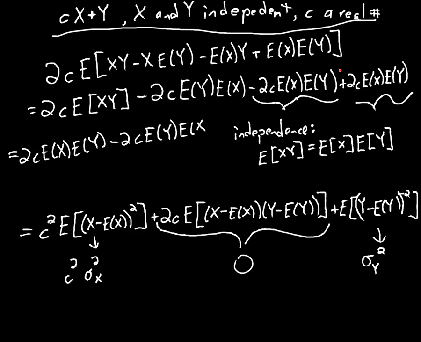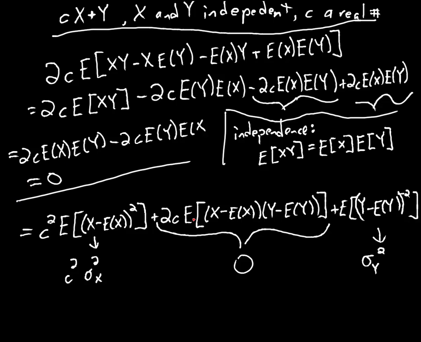Okay, remember those two terms canceled. So we're left with, again, two identical terms, and that's just 0. And we see if this term is 0, then sigma squared of a constant times a random variable x plus a random variable y is that constant squared times the variance of x plus the variance of y.